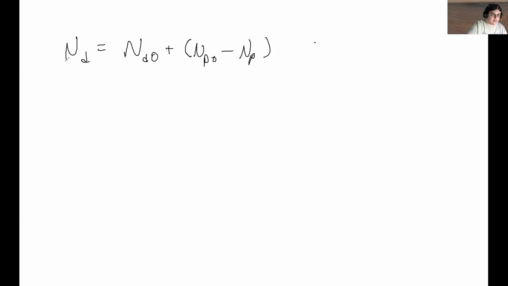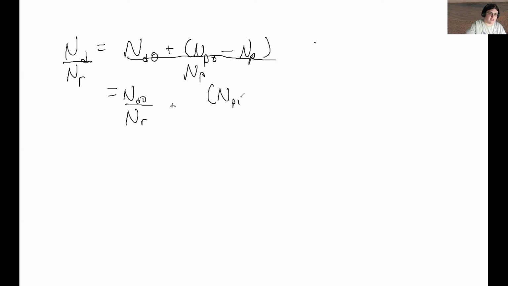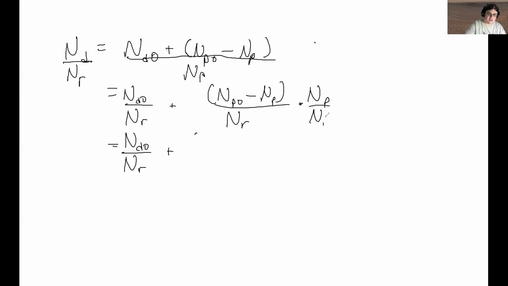Now what we're going to do is, instead of looking at the number of atoms, we're going to measure this as a ratio: number of daughter over number of reference atoms. So now I can break up this sum. And what I'm going to do is multiply both sides of this by number of parent now.